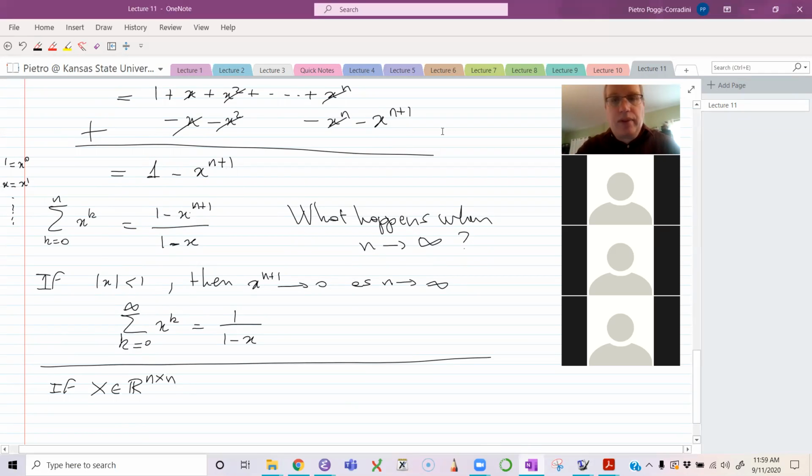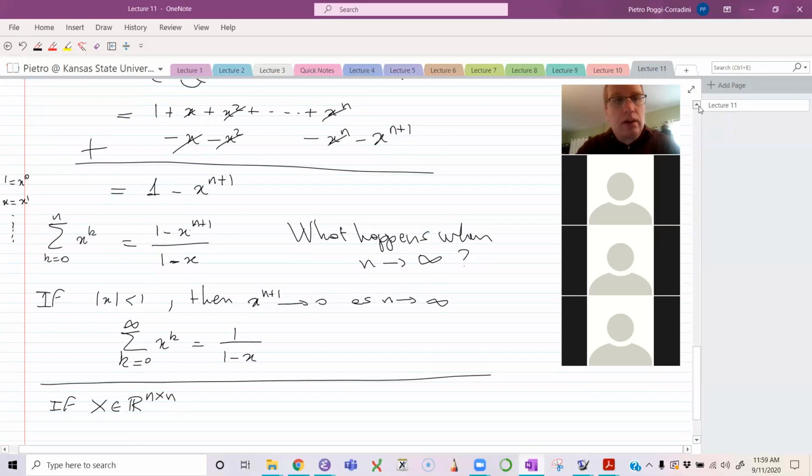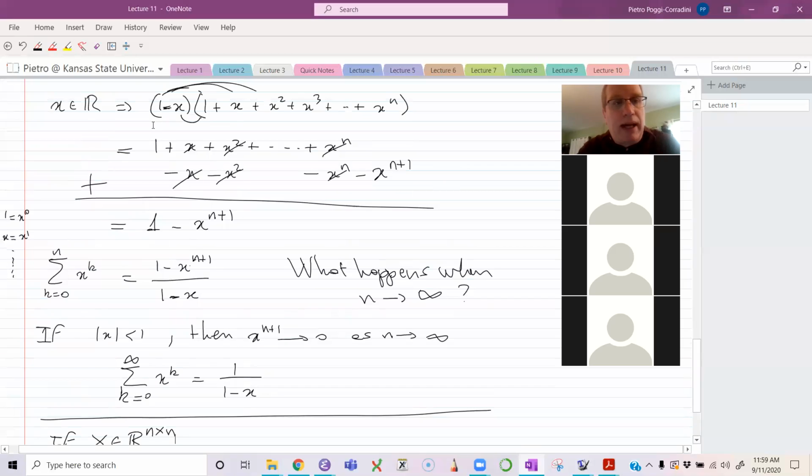This identity that we proved up here only depended on the rules of arithmetic, when you distribute a sum with the product. And there's no issues about commuting because these are powers of a single matrix.